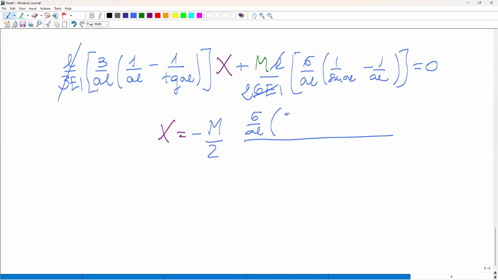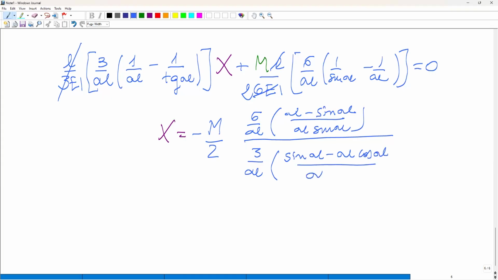So it's 6 alpha L minus sinus alpha L over alpha L. And here you have 3 over alpha L. Actually, here is sinus alpha L minus alpha L cos alpha L divided by alpha. I just worked out the mathematics a little bit quicker. 1 over tangent is actually cosinus over sinus. So I worked that out.